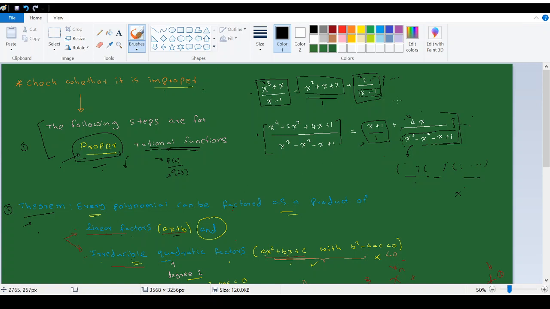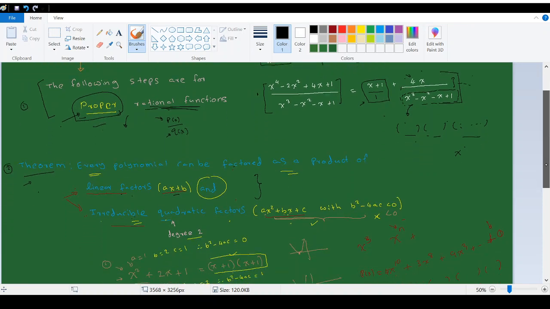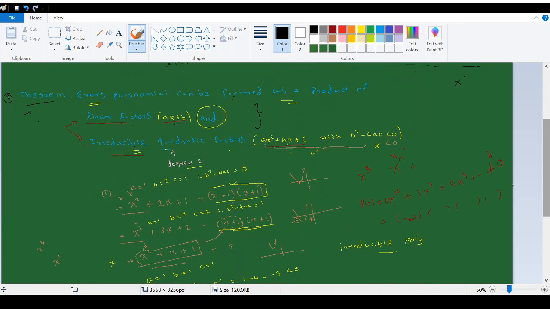So in the method of partial fractions, what we do is try to simplify the denominators of proper rational functions so that they reach these linear factors and irreducible quadratic factors. In the next video, I'll give the 4 categories of partial fractions.